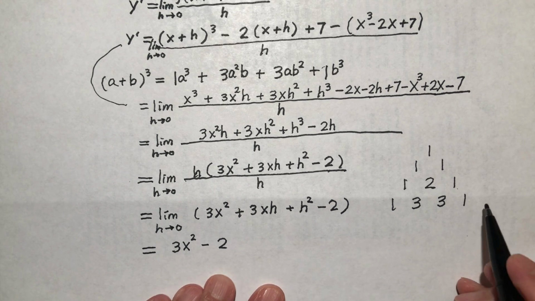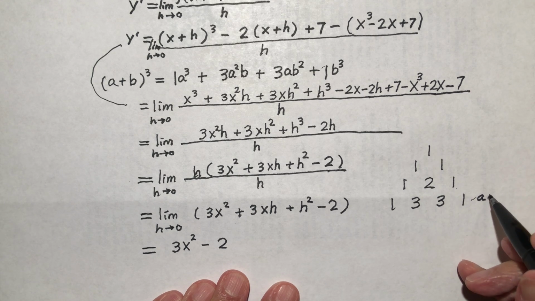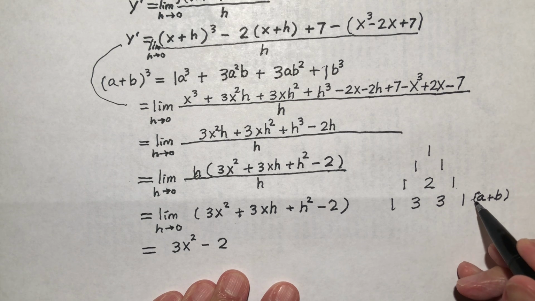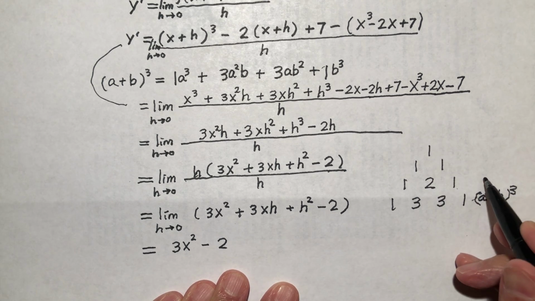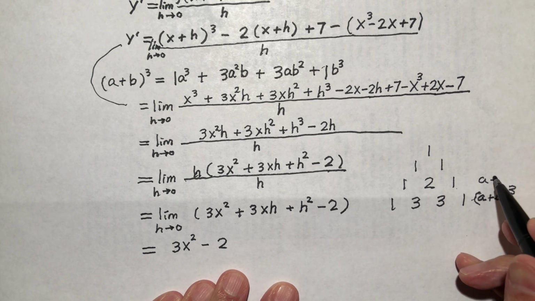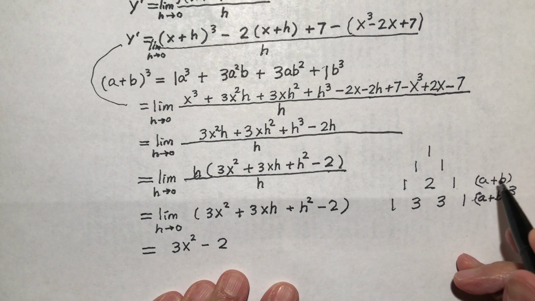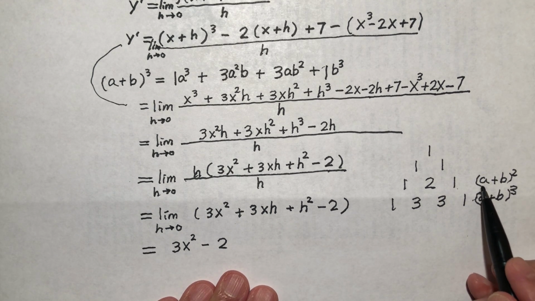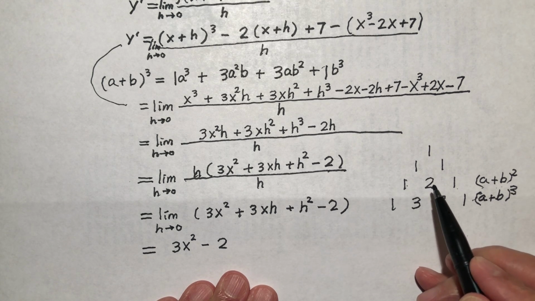And this line stands for a plus b cubed. What is this line? It's a plus b squared. So you see, what is the expansion of a plus b squared? It is a squared plus 2ab plus b squared.